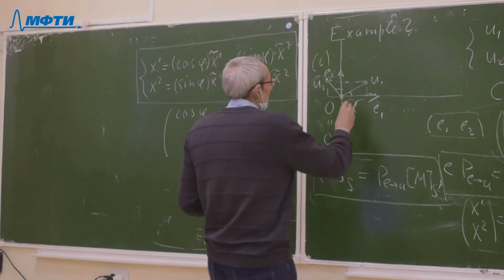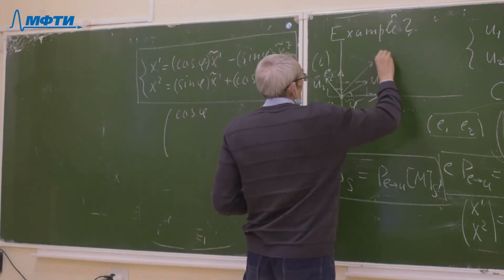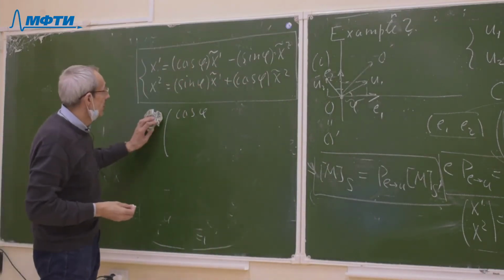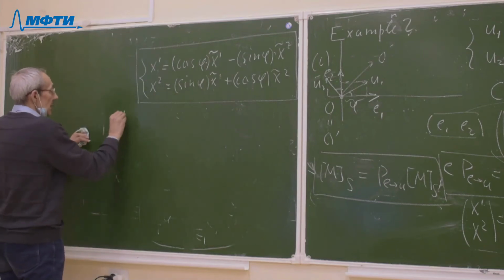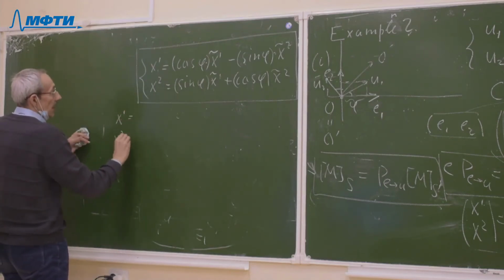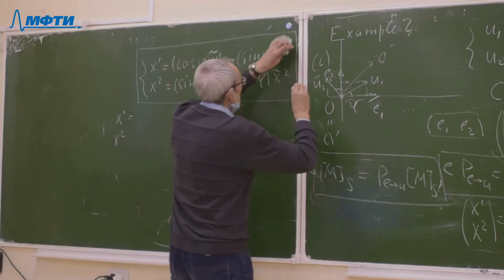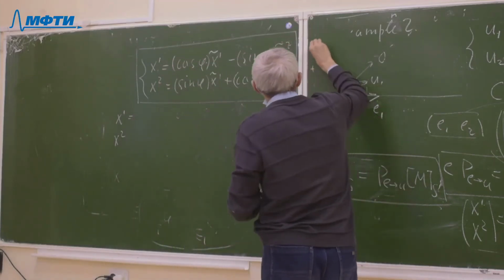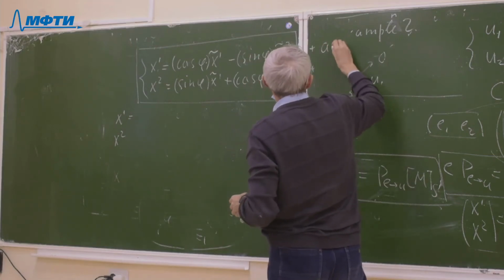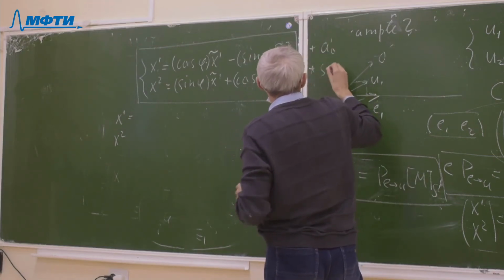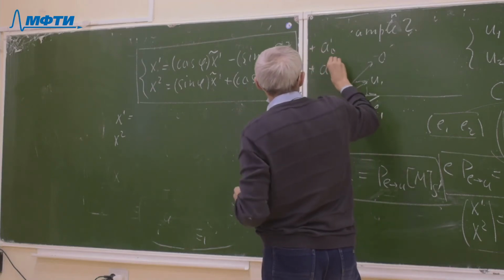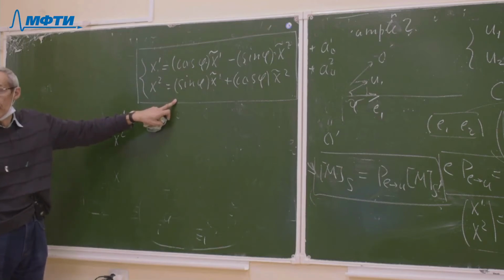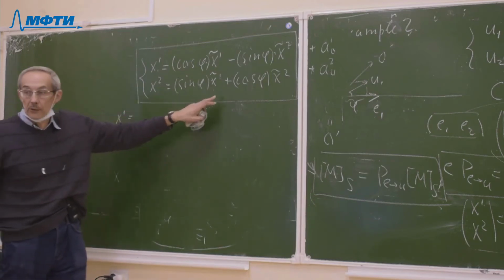If we shift the origin of the coordinate system, this formula will be changed in the following way. We must add the following summand, the following terms. In the arbitrary case, the formula has the following form.